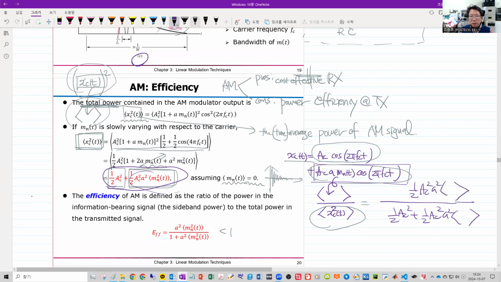And let's delete some common parts, right?